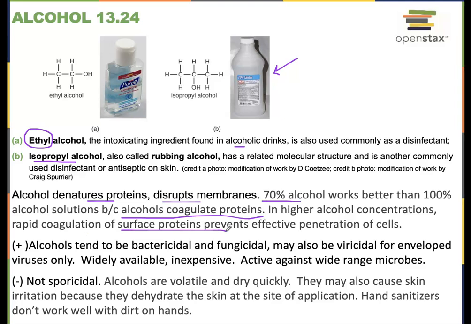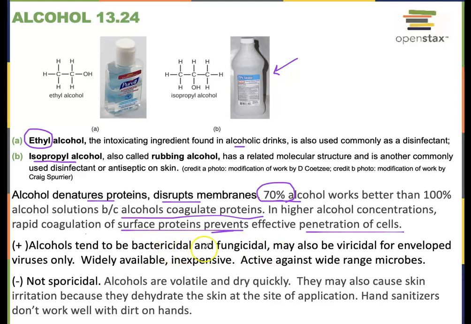So, for example, let's say you have a bacteria with a capsule or a slime layer, right? That alcohol will coagulate the outside proteins and then leave the inside alone. So it prevents effective penetration of the cells and therefore not as good killing. Okay, so when you are looking for a disinfectant or antiseptic, you always want to go for 70%.